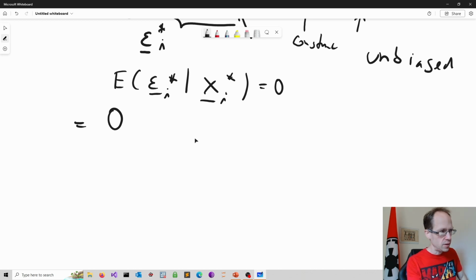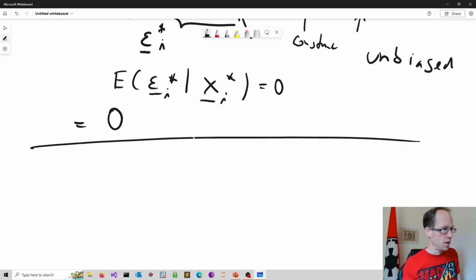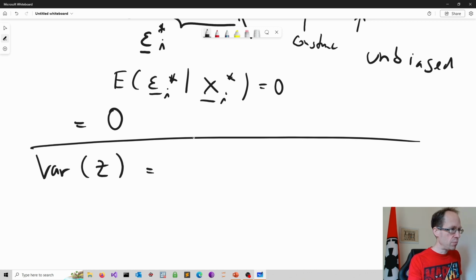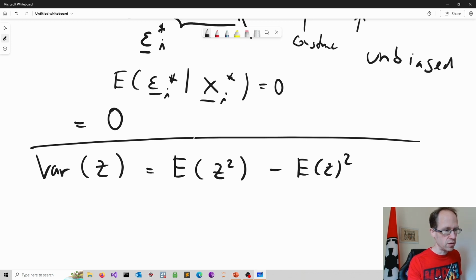So first of all, it's useful to note the following on a variance. Just in a very general way, the variance of a random variable Z can be written as the expected value of Z to the power of 2 minus the expected value of Z, and outside to the power of 2.